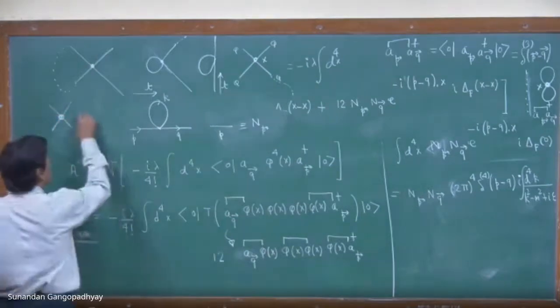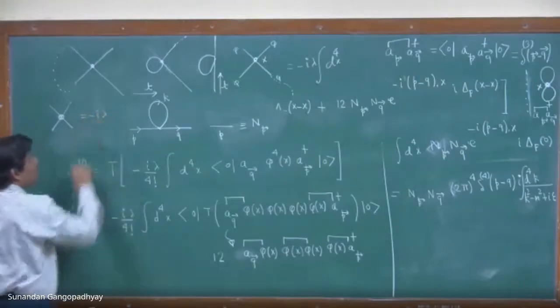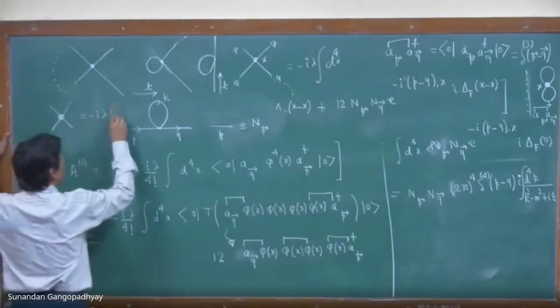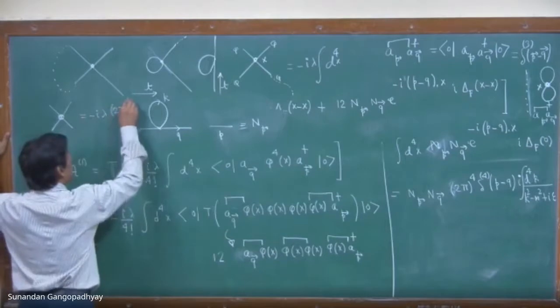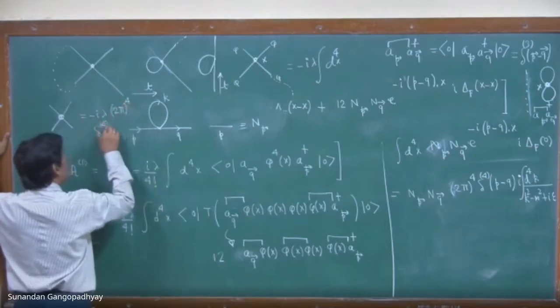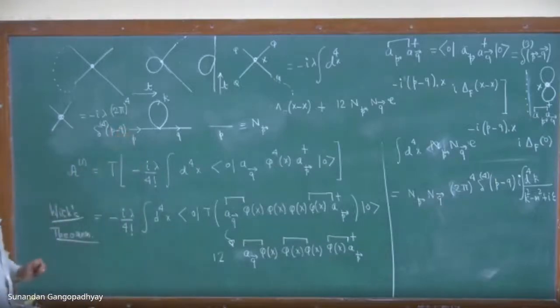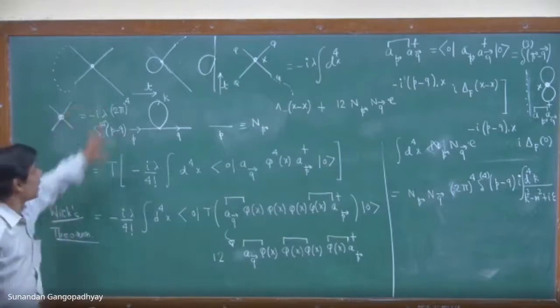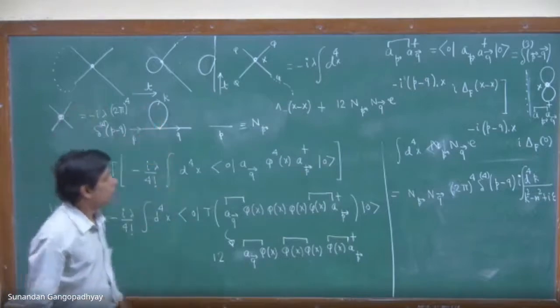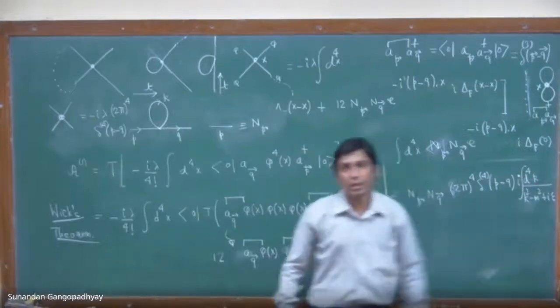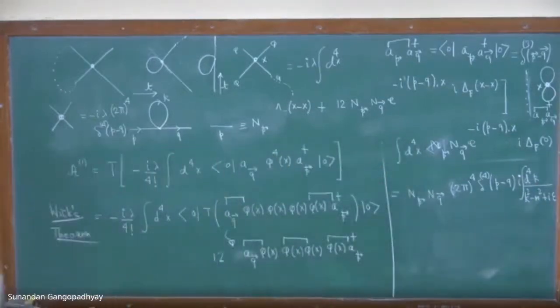Each vertex will give you a factor of −iλ, and not only that, we will have (2π)^4 δ^4, the momentum conserving delta function. So you attach this factor, and since there is a loop, you put in a loop integral over k. So these are the Feynman rules for φ⁴ theory in momentum space.